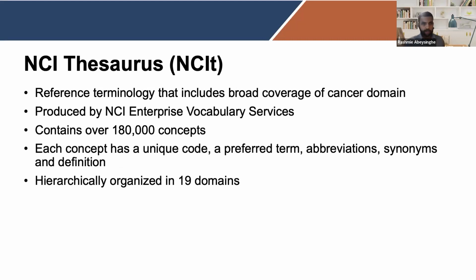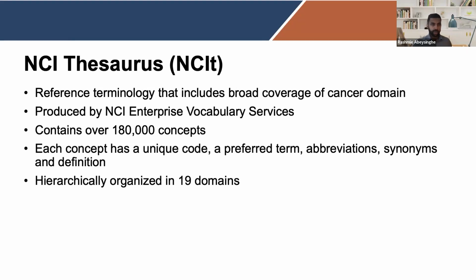The NCI Thesaurus is widely used in cancer-related research, containing concepts related to cancer-related diseases, findings and abnormalities, anatomy, drugs and chemicals, genes and gene products, and so on. And it's a rather large ontology as well.